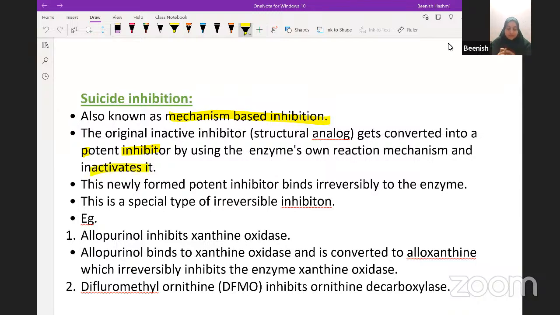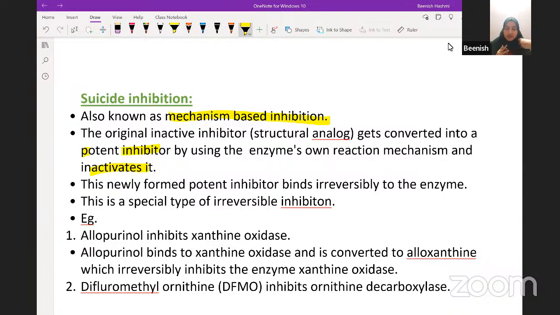So it is trying to say that here in suicide inhibition, your original inhibitor is inactive, okay? So when it is inactive, it is not potent, it is not acting. But what happens when it comes in the vicinity of the enzyme or binds to a specific site of the enzyme?